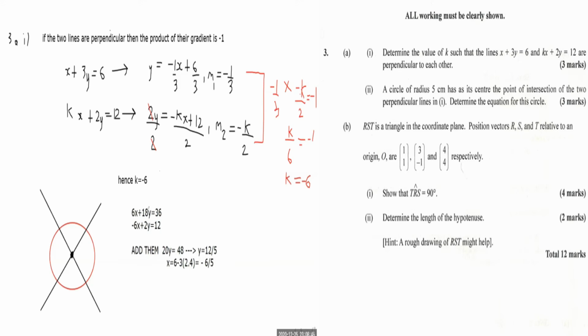The radius of the circle, which they said is 5, means the circle has equation x plus 6 over 5 squared, plus y minus 12 over 5 squared, equal to r squared. R squared is 25.